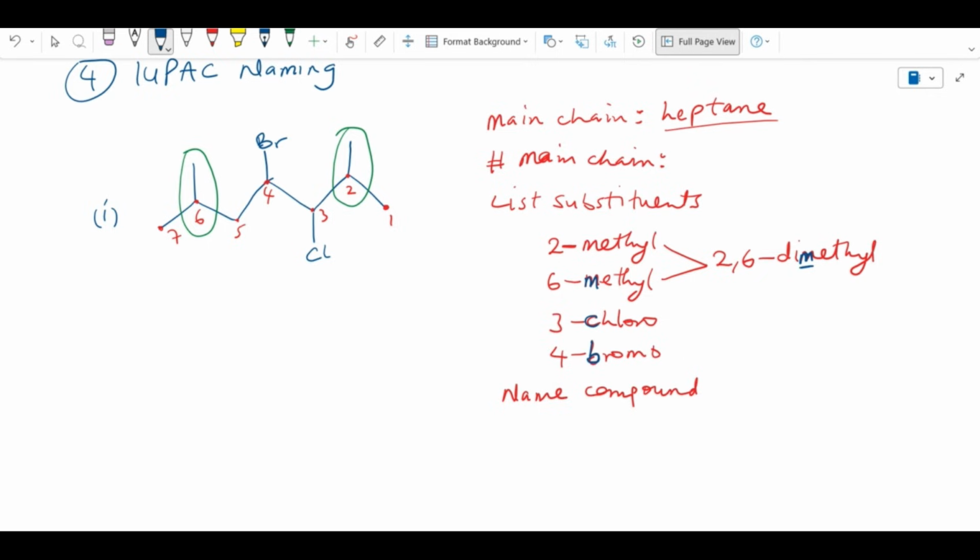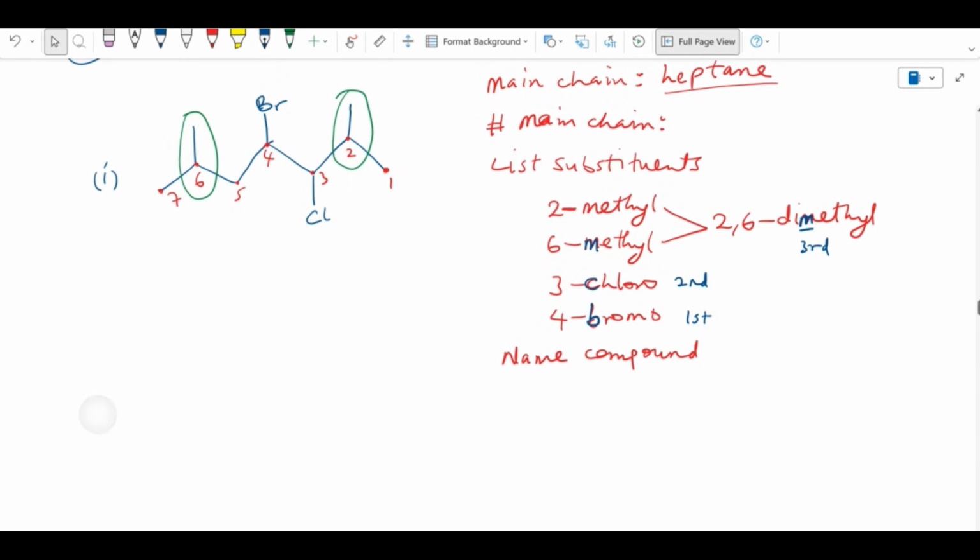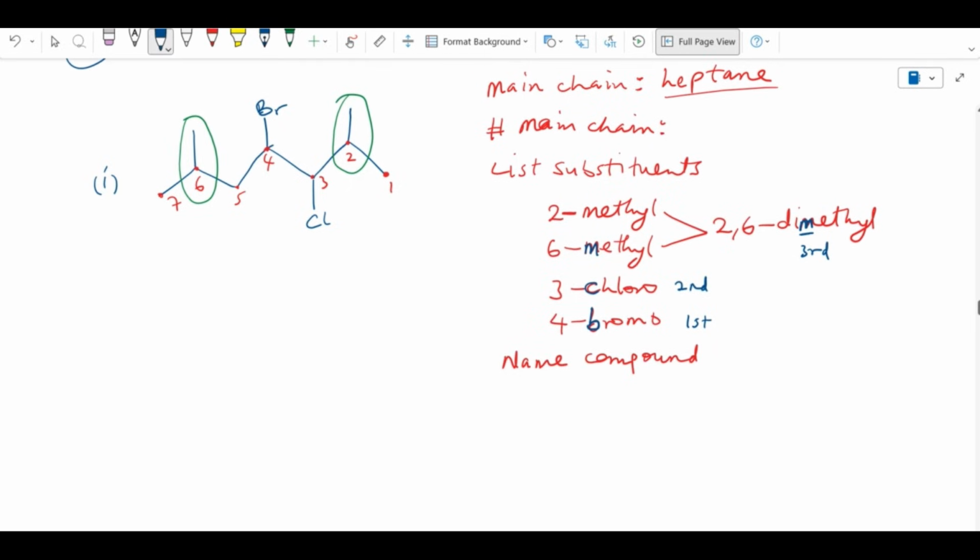So the first one is going to be this. Bromine comes first, followed by chlorine. C comes second. Then M comes third. So let's name this compound. We're going to start with 4-bromo. C comes second, so you have 3-chloro.